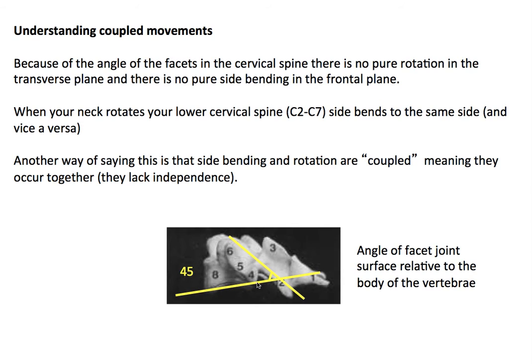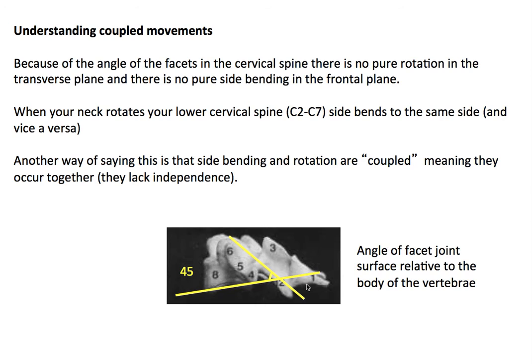So here's your vertebral body, and this line is trying to approximate the inferior aspect of the body. It wouldn't matter if we drew it at the inferior aspect or the superior aspect of the body. The facet joints would still be approximately 45 degrees. And they're flat in the medial lateral direction. That'll become important when we talk about the thoracic and lumbar spines. Nevertheless, that's their alignment here.